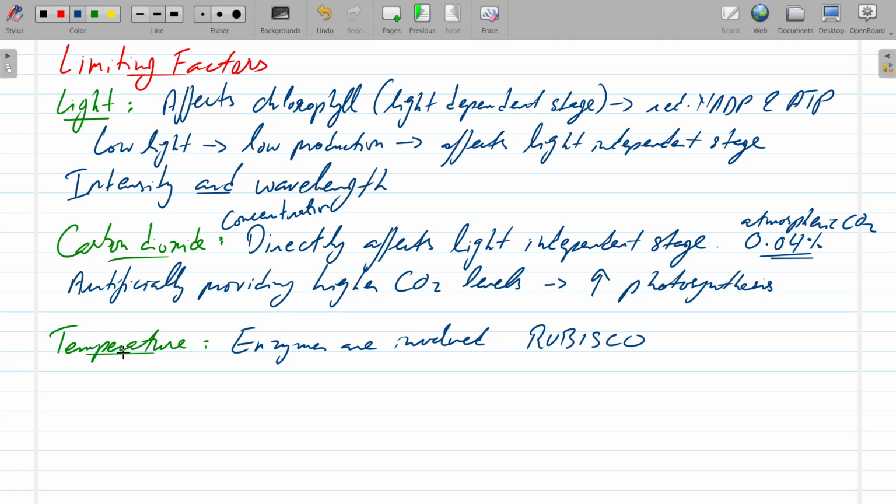Right, raising the temperature would theoretically increase the rate of photosynthesis. Right, of course, we are talking about if you are in a region where the temperature is lower. Right, in our regions where the temperature reaches 45, even 50 degrees centigrade, you don't really need to raise the temperature higher, because you're just going to end up killing the plant. Right, enzymes will get denatured.